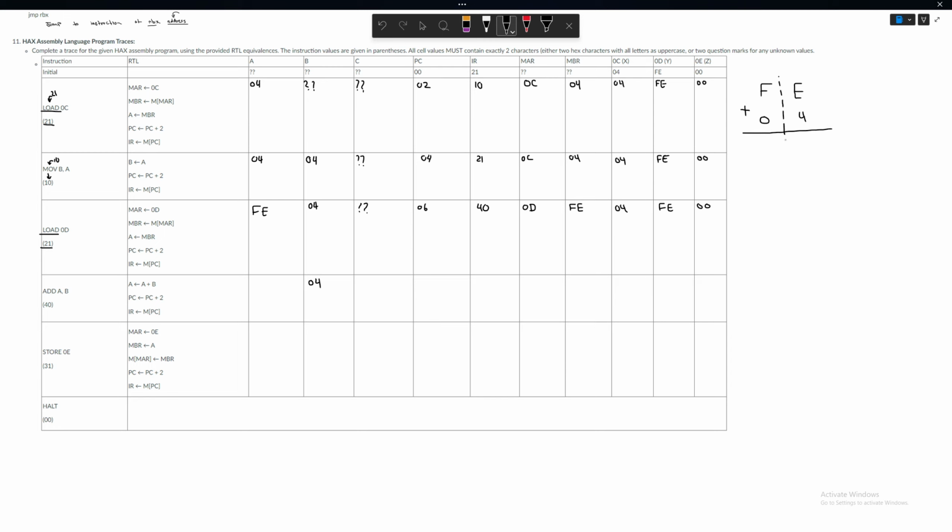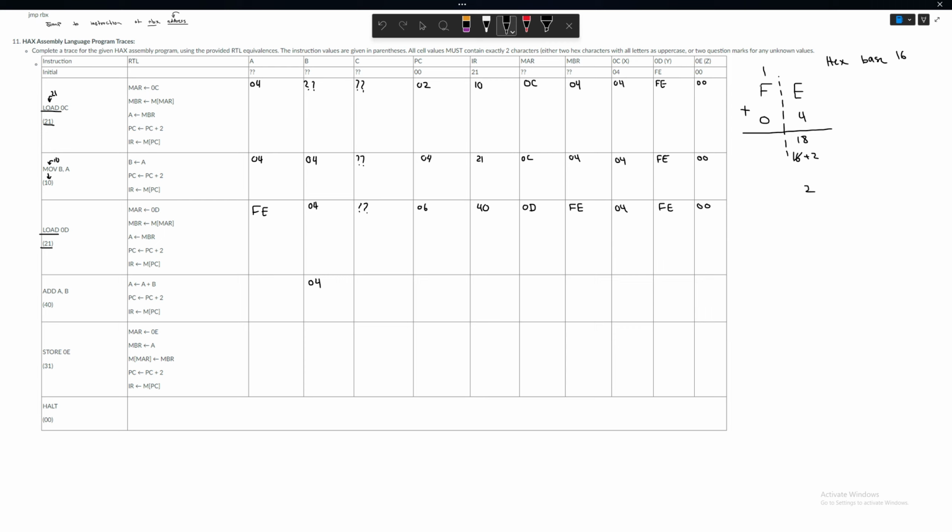So FE plus 0, 4, right? And the way you do it is, well, E is 15. No, sorry, E is 14. And so 14 plus 4 is 18. But hex is base 16. So what you do is you split this into 16 plus 2, right? Now 16 I'm going to take up here, and so 2 stays.